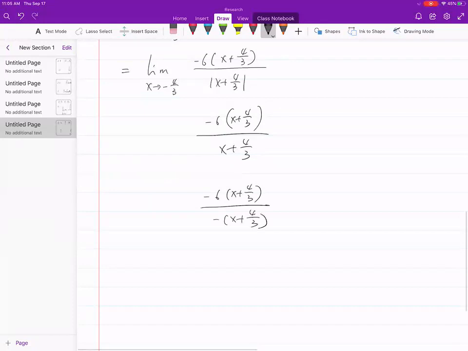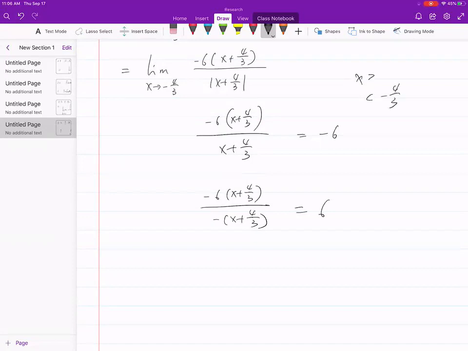Both cases, you can start to cancel things. You have a number, negative 6, or you have a number 6. The problem is, which one should you take? Well, it really depends on is x bigger or less than negative 4 over 3.